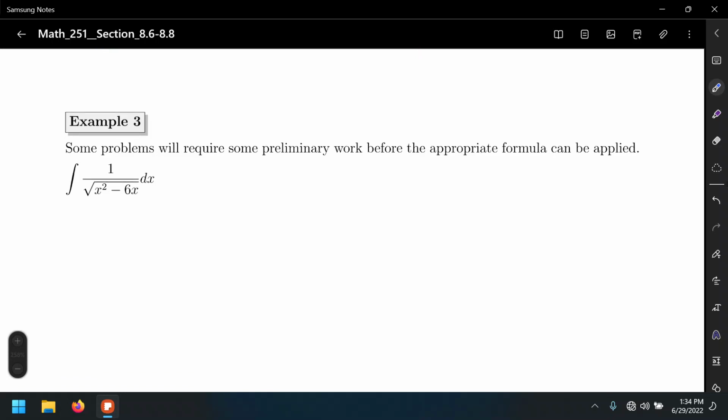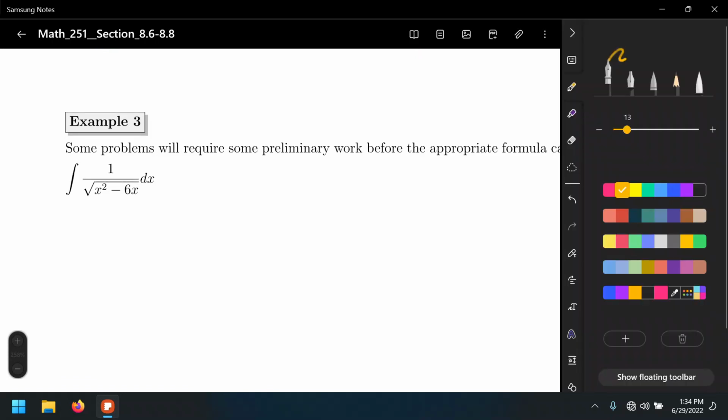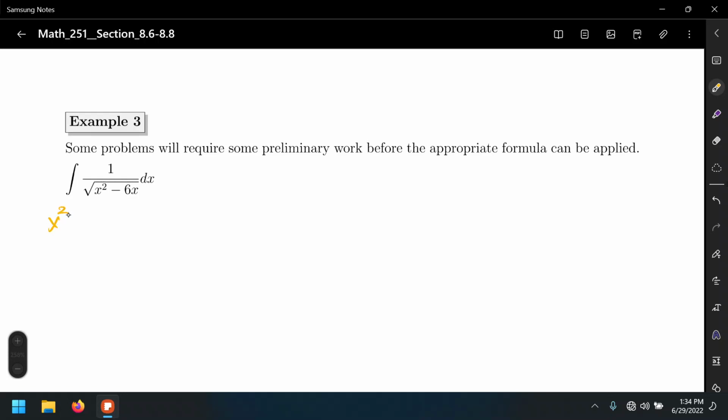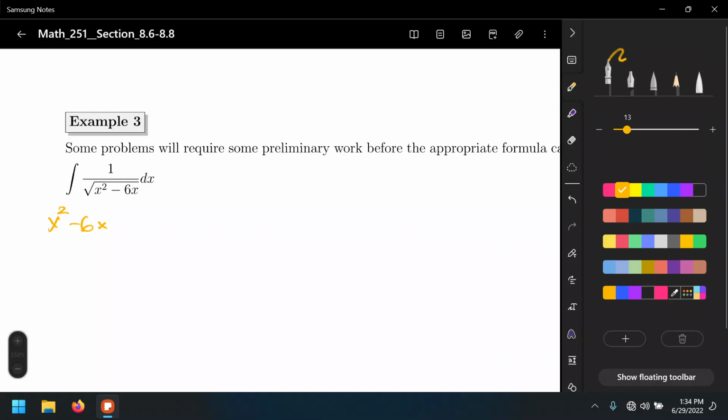Alright, that completing the square process, I'm going to do it on the side first. So x squared minus 6x, and well, plus something minus something, because if we add a number to complete the square, then we need to do the opposite as well, so we can keep the integrity of the original value. Now we need that magical mystery number that completes the square.